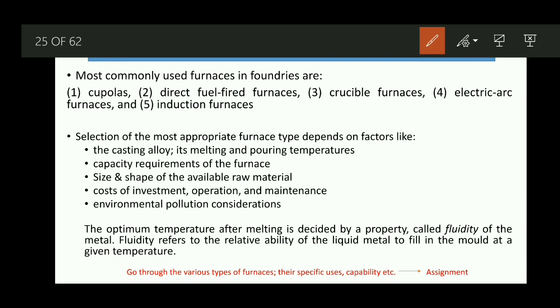Sometimes there may also be limitations in terms of the shape of the raw material, so the selection of furnace is sometimes limited. Similarly, it depends on the cost of investment, the mode of operation, maintenance cost, and the expertise available in your locality.